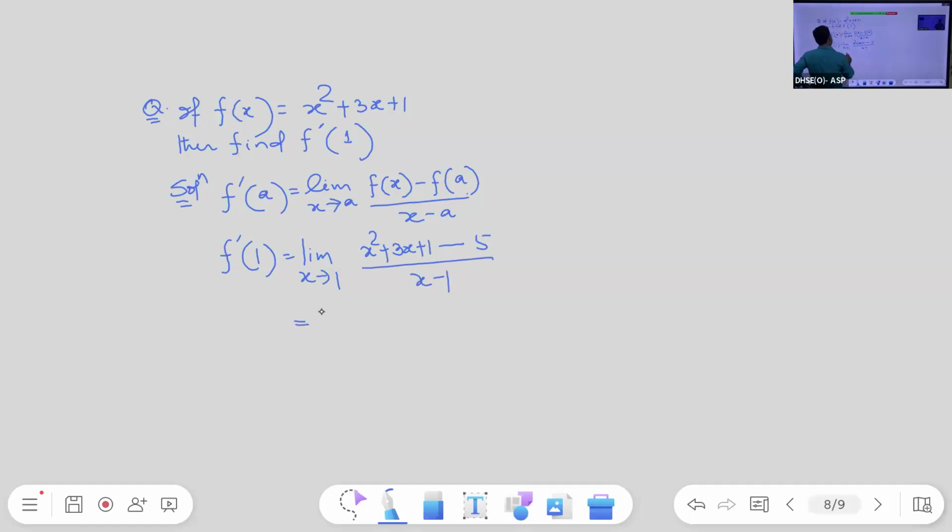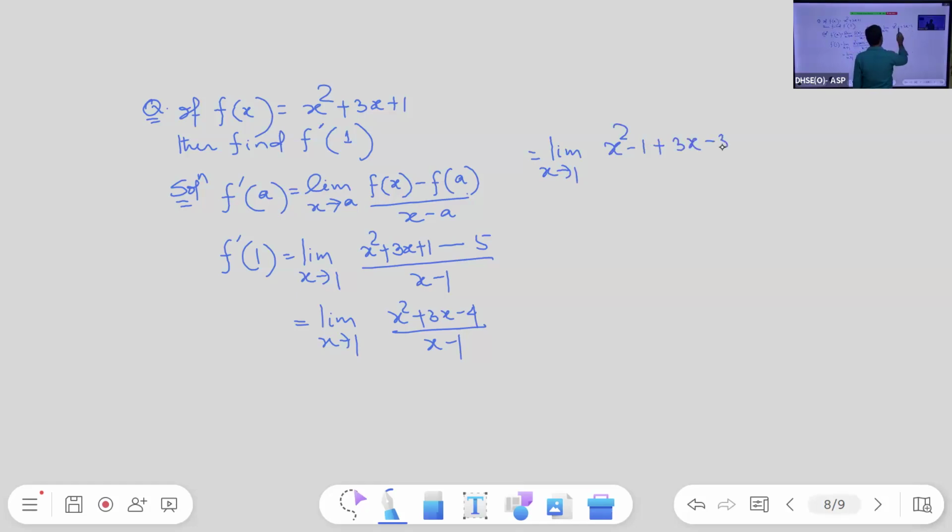This is equal to the limit as x approaches 1 of x square plus 3x minus 4 upon x minus 1. This is equal to the limit of x square minus 1 plus 3x minus 3, because minus 1 plus minus 3 is minus 4, upon x minus 1.